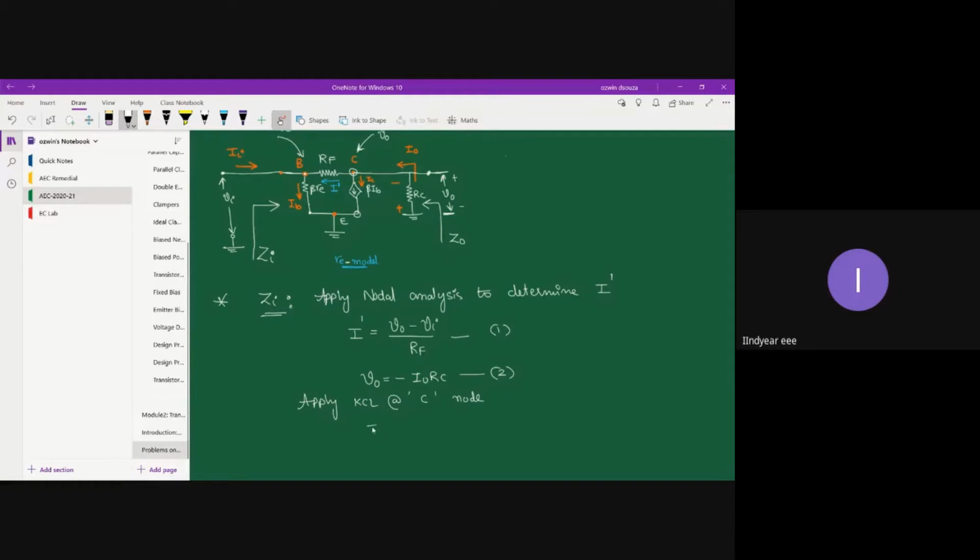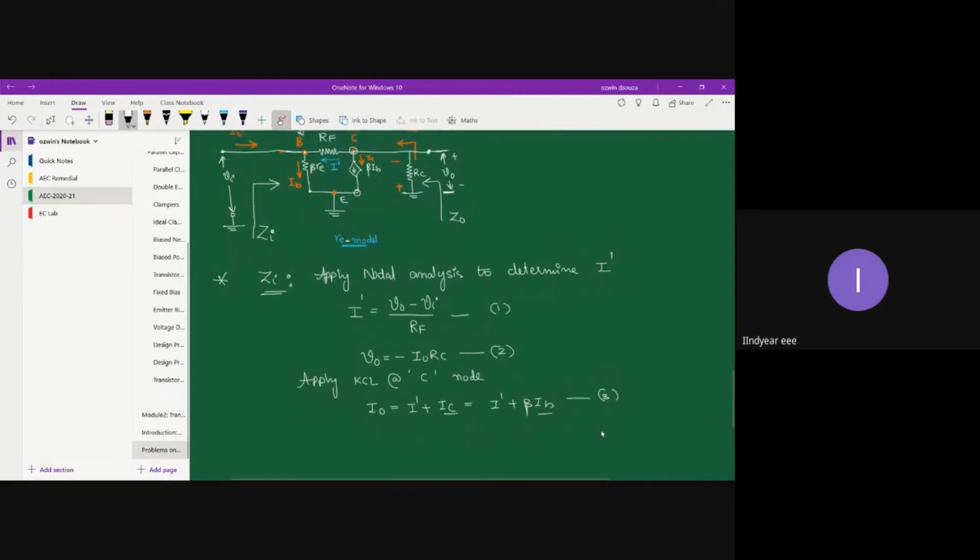So I0 is equal to the outgoing currents, I dash plus IC, which is nothing but I dash plus beta IB, because IC is beta IB. Let's take it as equation 3. I hope you are taking down these equations simultaneously.